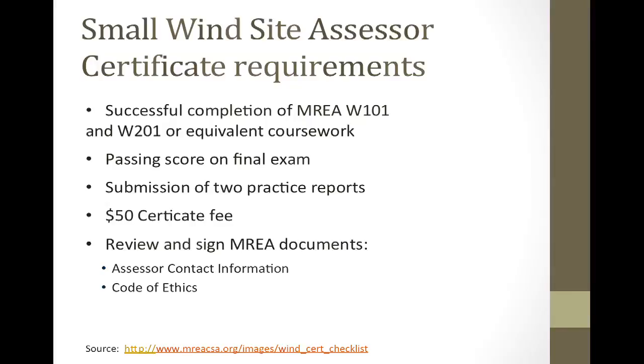But you may also participate in the MREA's certificate program by taking equivalent coursework, and the MREA has approved what I'm teaching here at Madison College. You'll have to get a passing score in the final exam. You will have to submit 2 practice reports that are corrected and professional enough to go through. The current certificate fee is $50, and that may change.